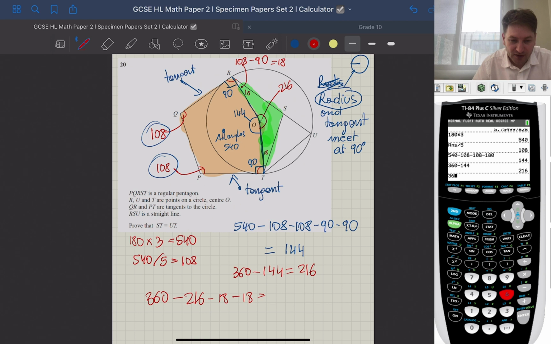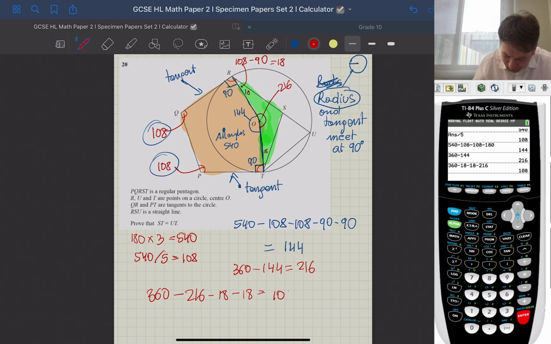So 360 minus 216 minus 18 minus 18 gives me 108. So this angle here is 108. Therefore, the angle on the other side must be 180 minus that. So that's 72.